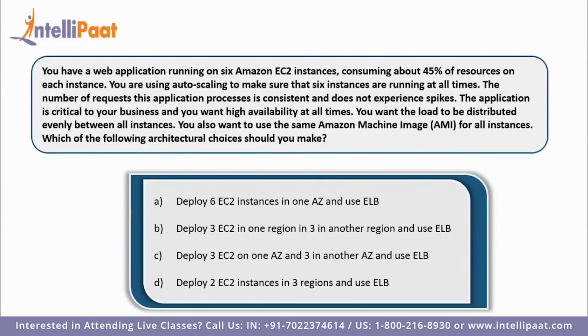You have the options: deploy 6 EC2 instances in one availability zone and ELB; deploy 3 EC2 servers in one region and 3 in another region and use ELB; deploy 3 EC2 in one AZ, that is availability zone, and 3 in another availability zone; and deploy 2 EC2 instances in 3 regions and use an elastic load balancer. All right. Now, the correct answer for this would be C.